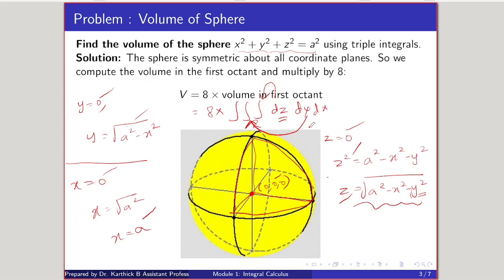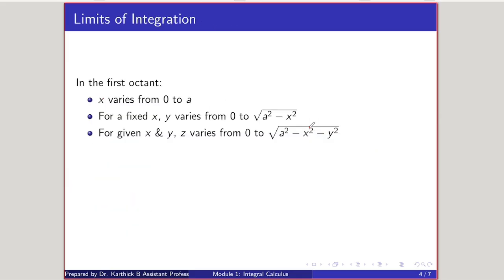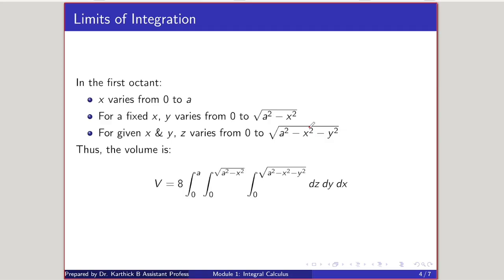So with this, I am computing the integral limits for all the three variables by fixing the values of x, y correspondingly. So this will be the triple integral evaluation to find the volume of a sphere. First, we will compute the inner integral part.